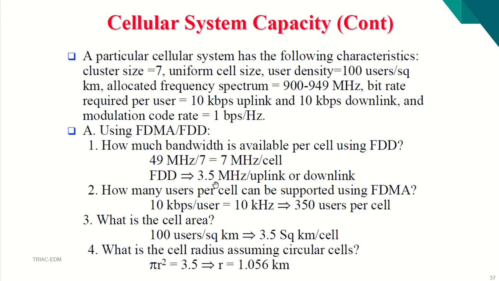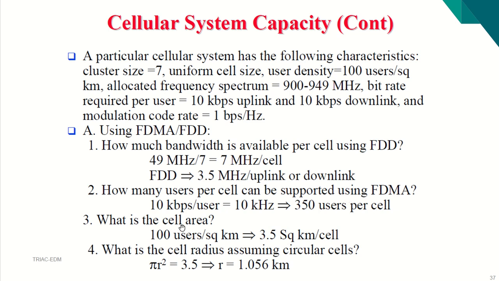Okay, so let's say you have 3.5 megahertz for uplink, but each user demands 10 kilohertz. As a result, you divide 3.5 by 10k, and that gives you 350 users per cell.